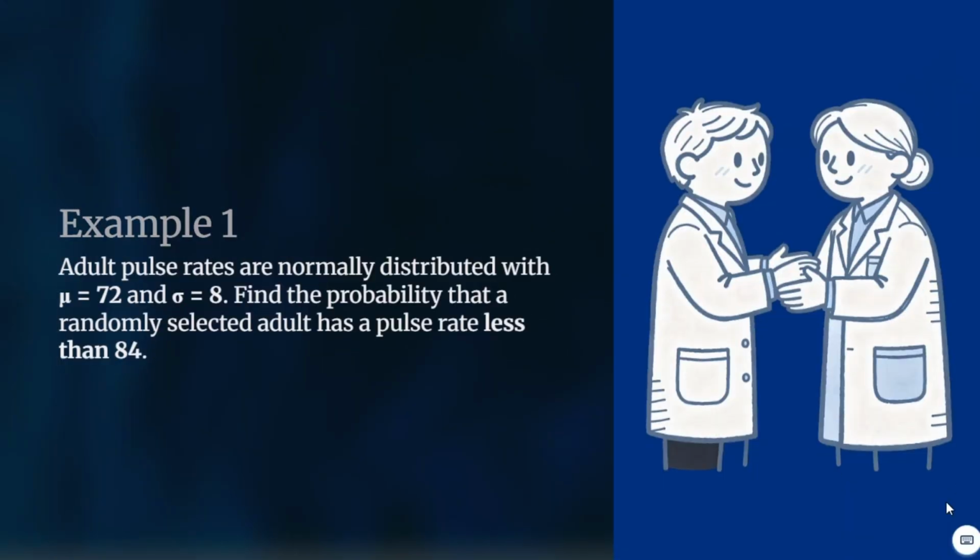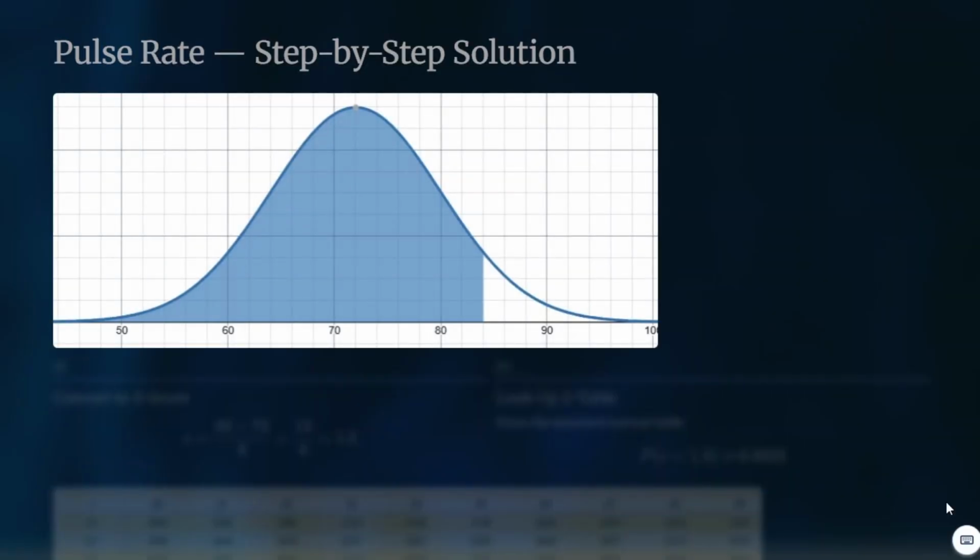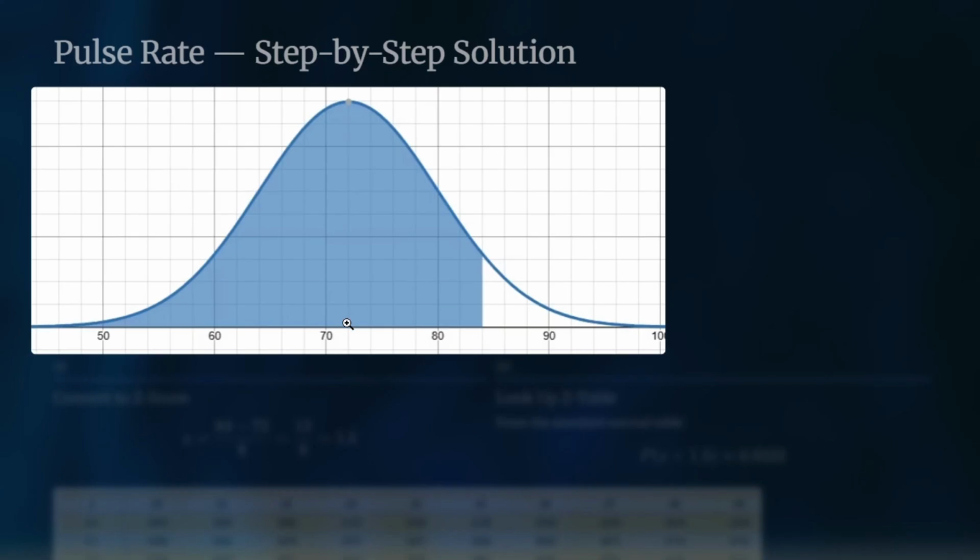For instance, adult pulse rates are normally distributed with mean mu equals 72 beats per minute, and sigma equals 8 beats per minute. We want to find the probability that a randomly selected adult has a pulse rate less than 84 beats per minute. So if we draw a curve, adult pulse rates are normally distributed with mean 72, right here in the middle, and standard deviation 8.